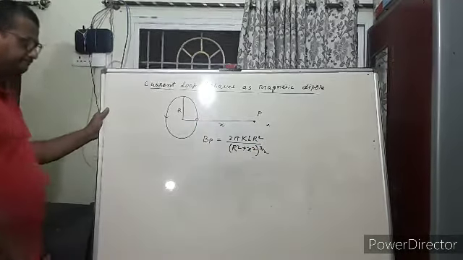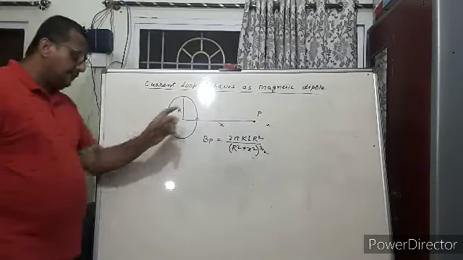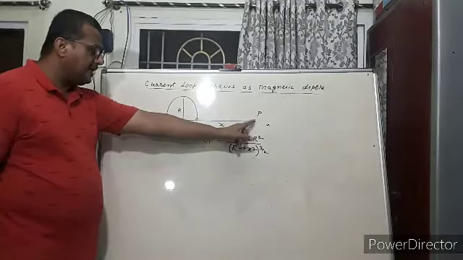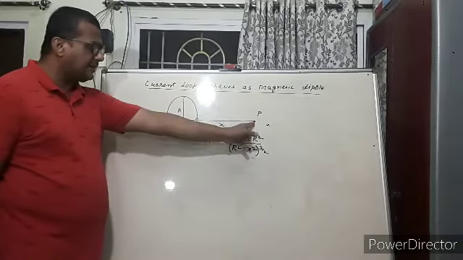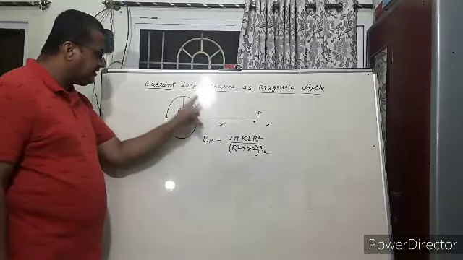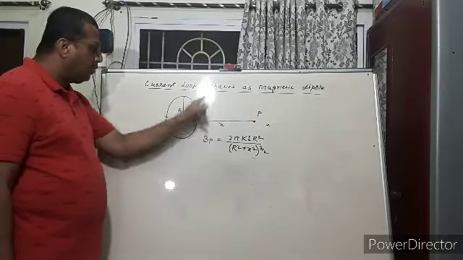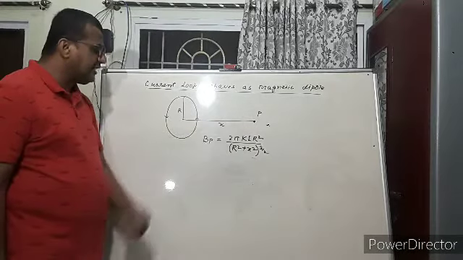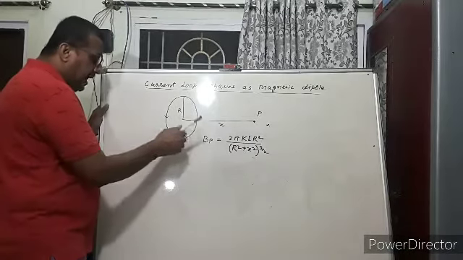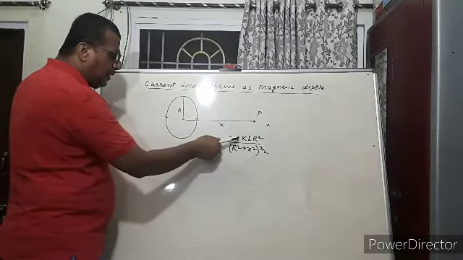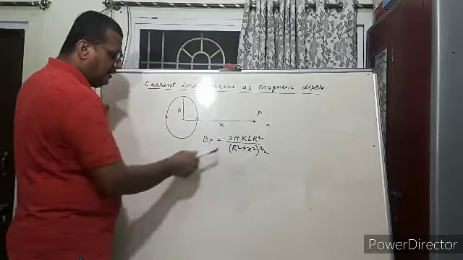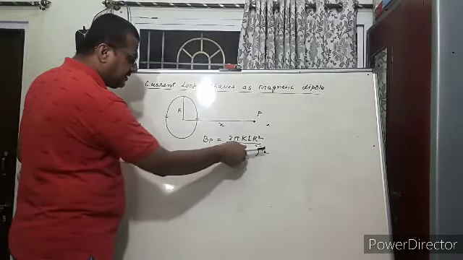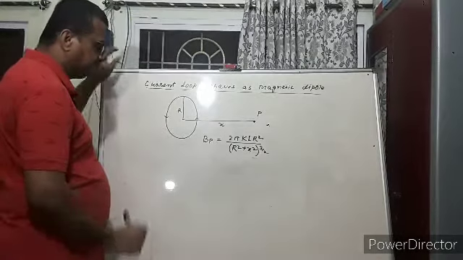We calculated the magnetic field on the axis of the current loop at a distance x.